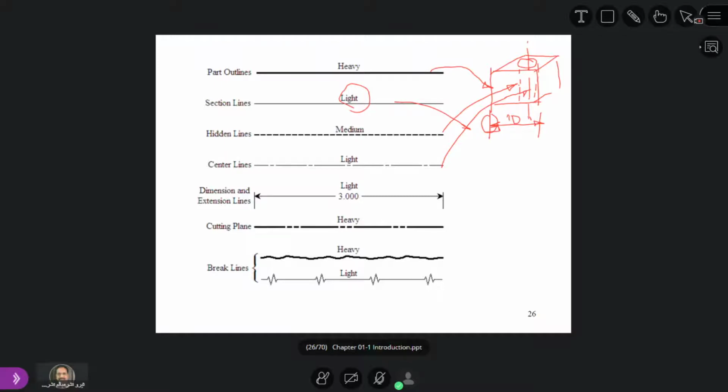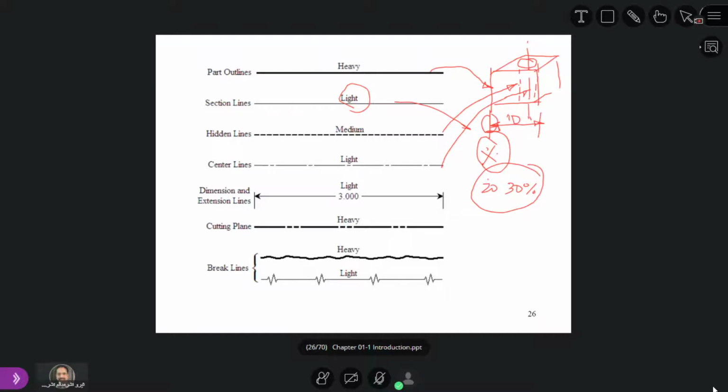This is very, very important, that everyone must understand and keep in mind until you finish this course, until the final exam. If you make mistakes, you will lose 20 to 30% of the marks, only for this dimension line, thick line, light line, medium line, and I'm very, very particular about it.